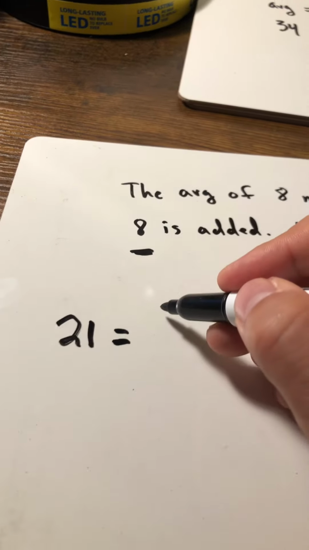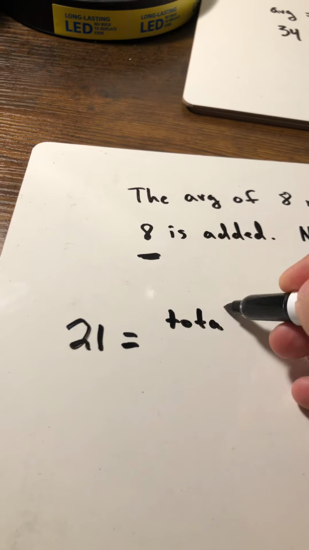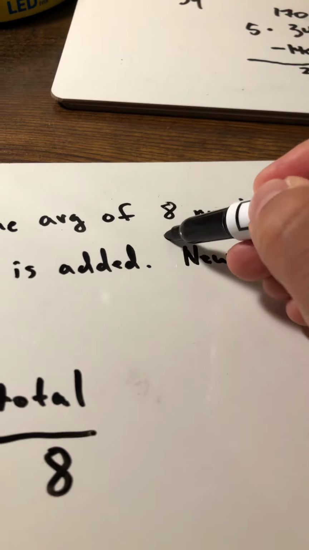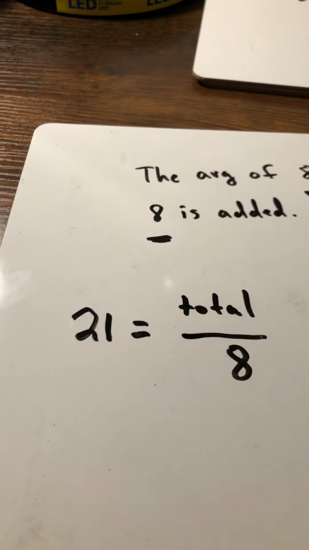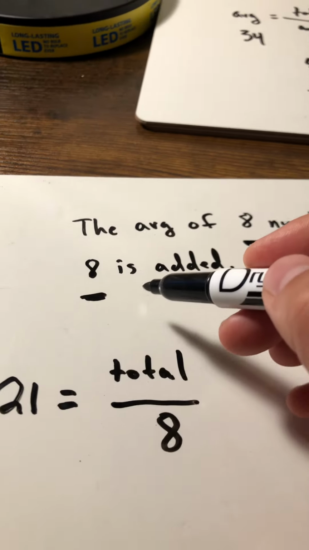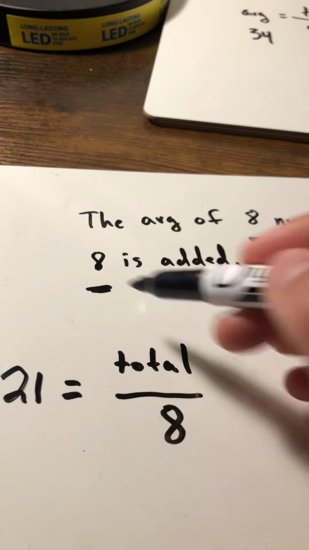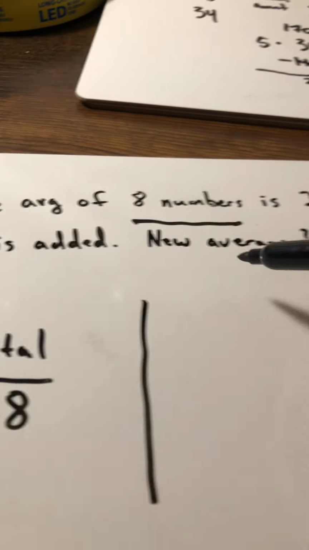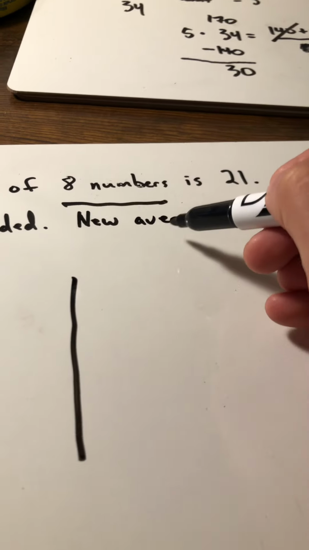We're not too sure what that is. Divided by 8, because we have 8 numbers. Now what happens is we add a new number, 8, to our total. What is the new average?